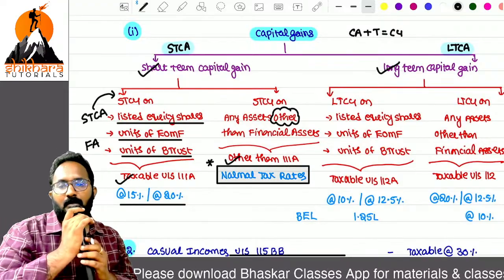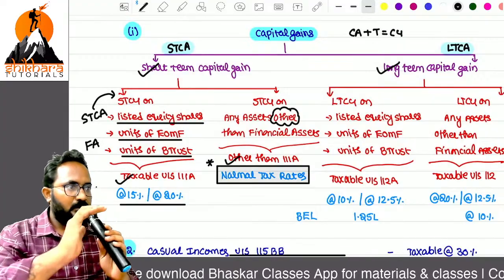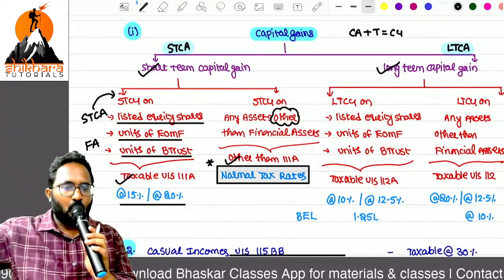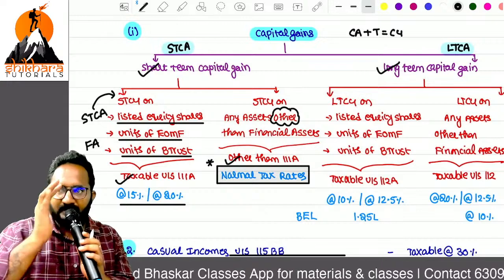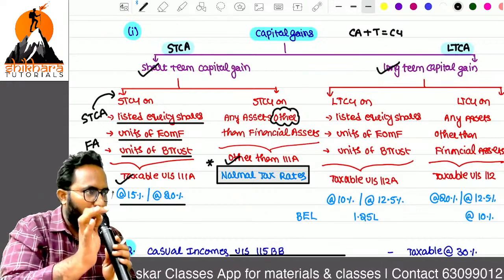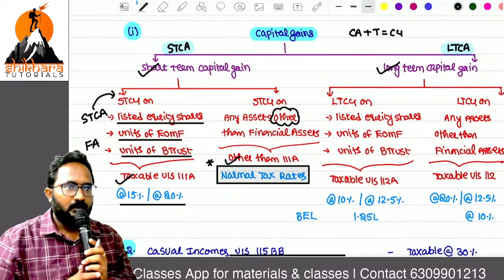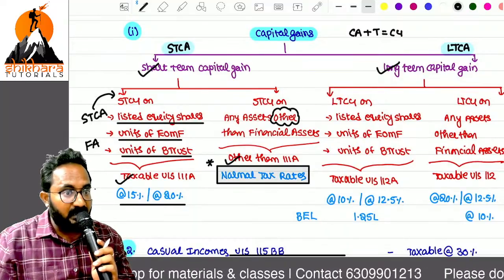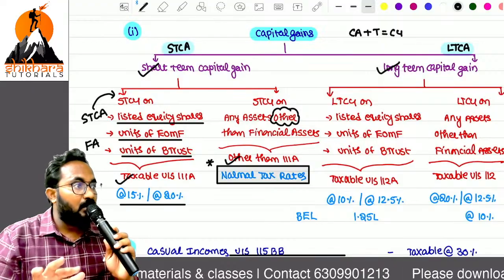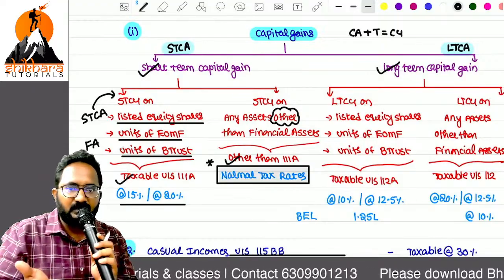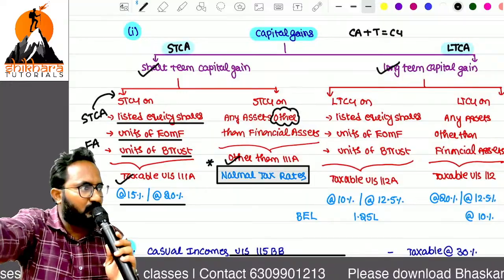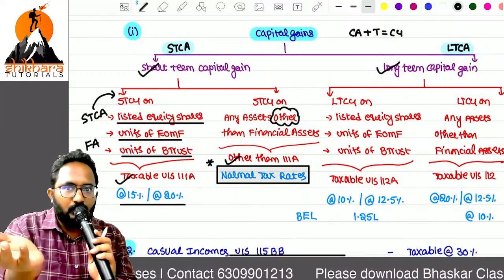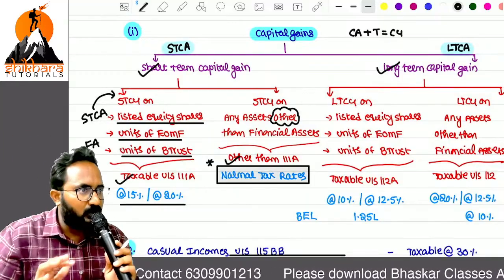Many students think that the capital gain chapter is totally taxable at a special tax rate. That statement is wrong. Short-term capital gain other than 111(a) is taxable at the normal tax rate. Normal means if you are following 115BAC, you can go with that, and if you are following the old rates, you can go with the old rates.